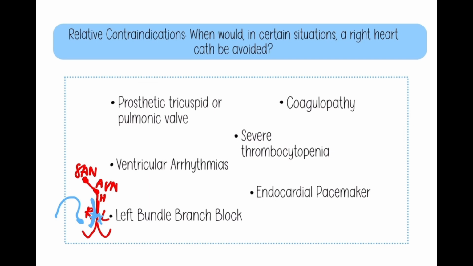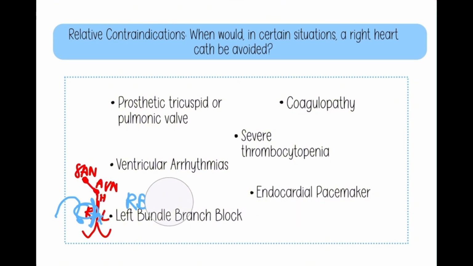When you knock into cells that are responsible for that conduction and, let's say, stun them for a second, then you initiate a right bundle branch block. Well, a right bundle branch block plus a left bundle branch block equals complete heart block, right? Or third degree heart block, and we don't want that.